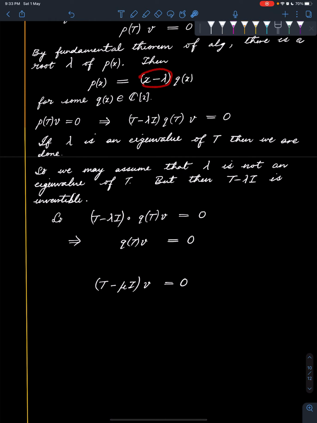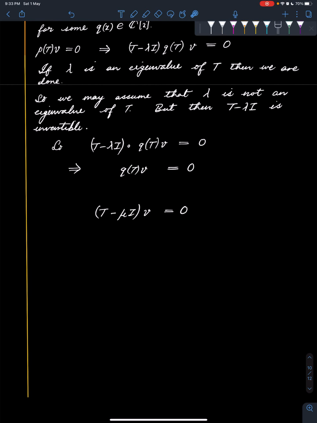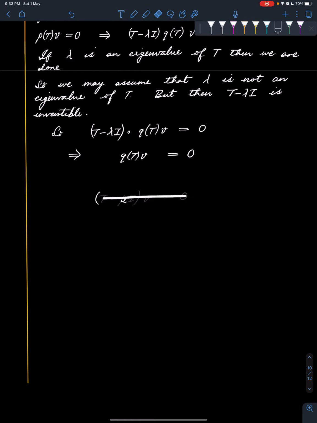But that would mean that this particular thing is an eigenvalue. So that's the proof. Writing all that is not going to clarify anything, so I'm skipping those steps. Maybe you can fill it in for yourself. Therefore, T has an eigenvalue.